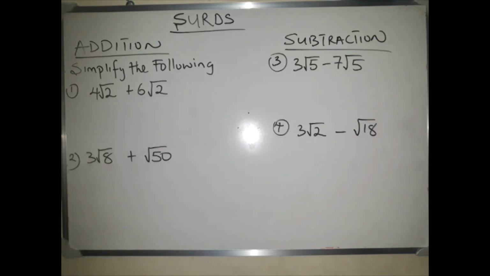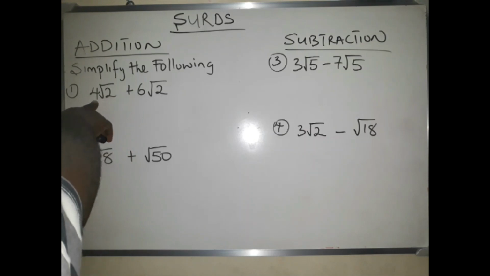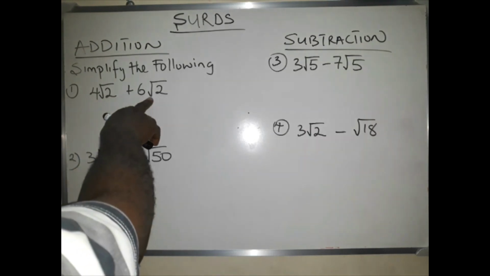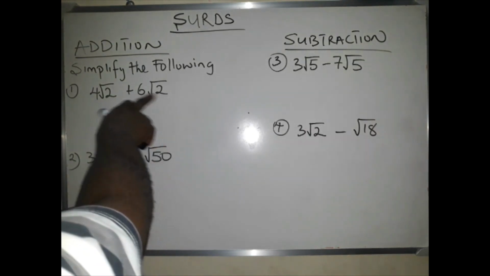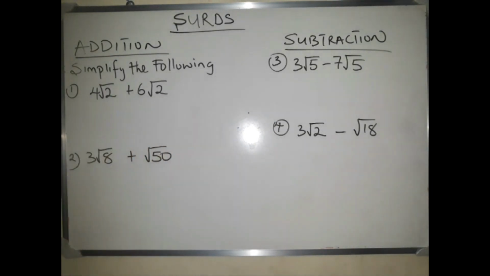If you have two or more surds and the number within the square root is the same, then that surd is a like surd. For example, here we have 4 root 2 and 6 root 2. We have root 2 and root 2. This means that these surds are like surds.